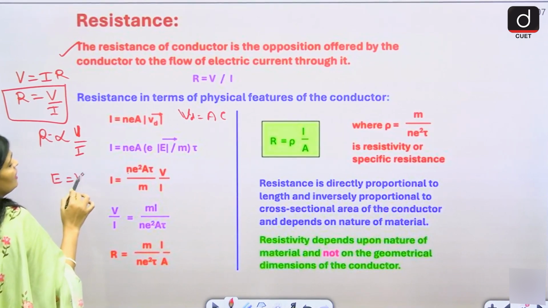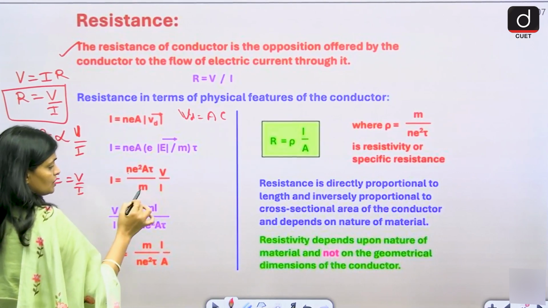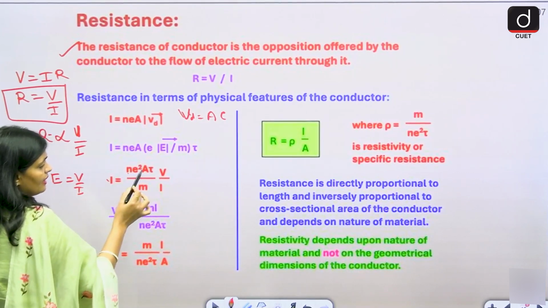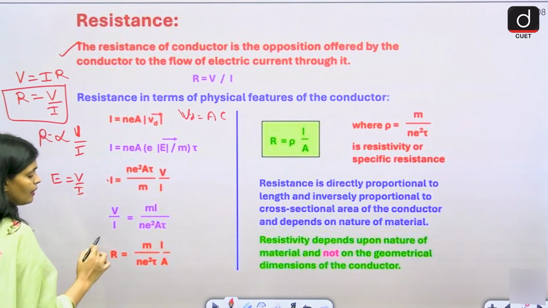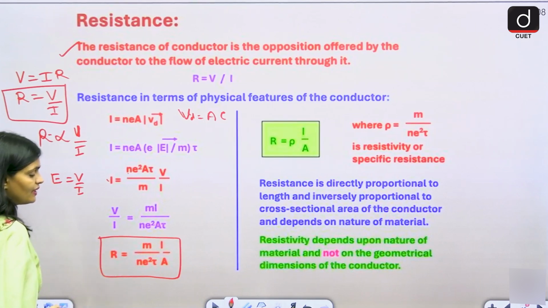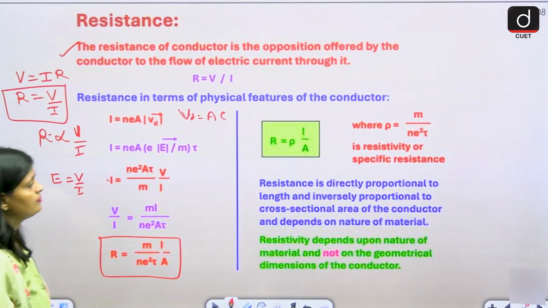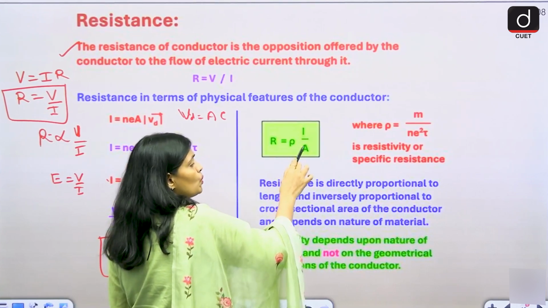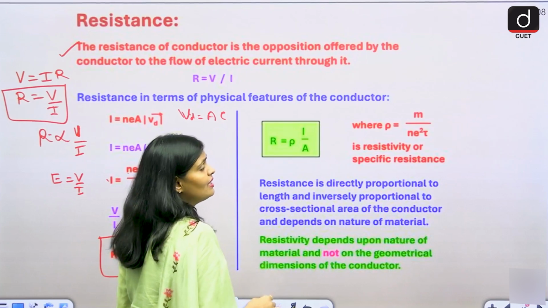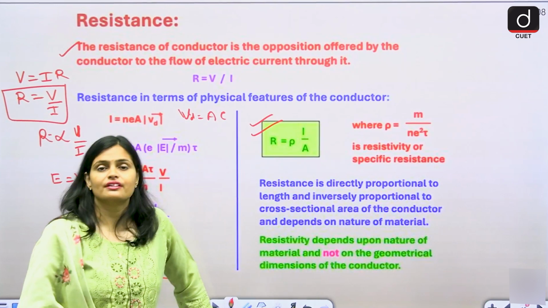E is nothing but V by l only. Okay, so you just write down V by l. Now just keep this m here, and this value goes here, and V by I, write that. Now this V by I is equal to R. So from here what you will get? You will get the value of resistance, right? यहाँ से हमें क्या मिल गया? Resistance की value मिल गई. Now this R is equal to rho L by A, where rho equals m by n e squared tau, the resistivity. So this is again the formula of your resistance.